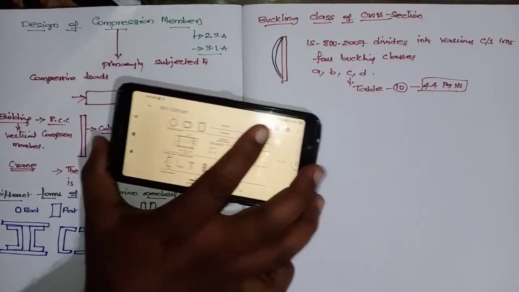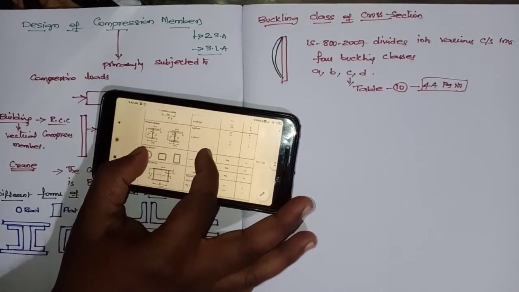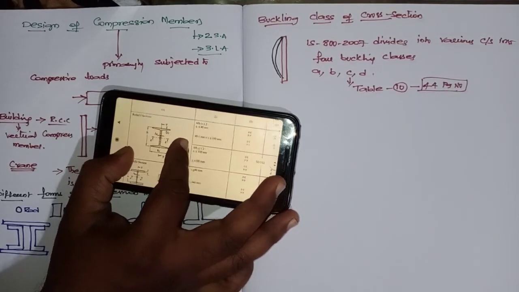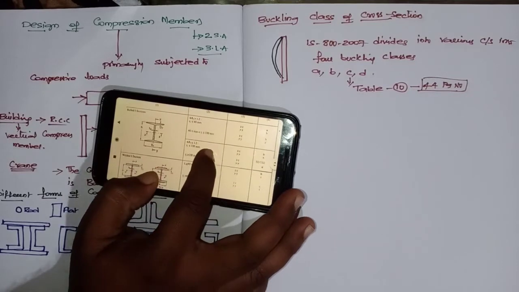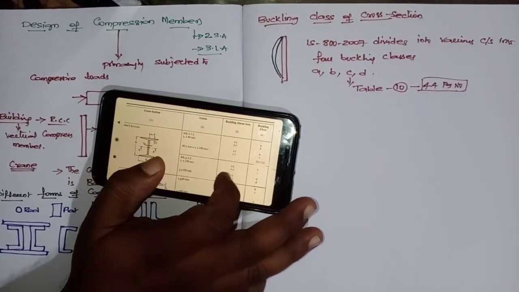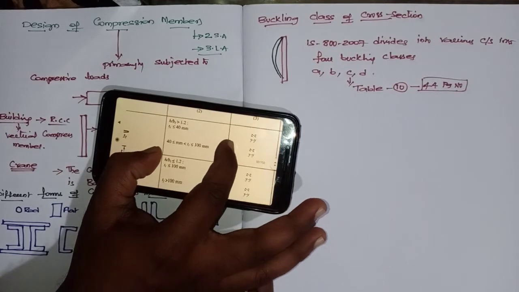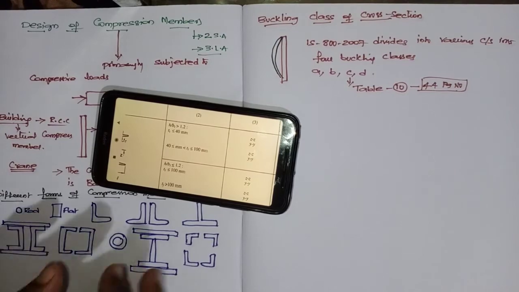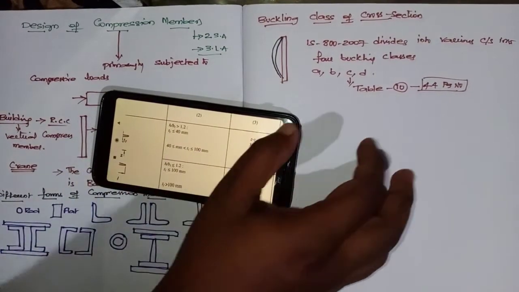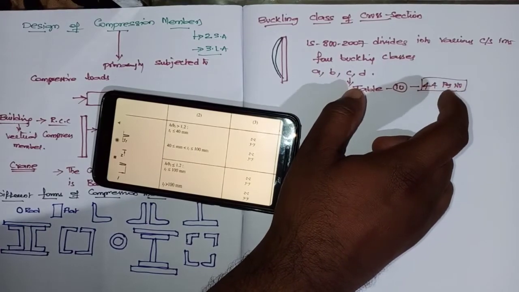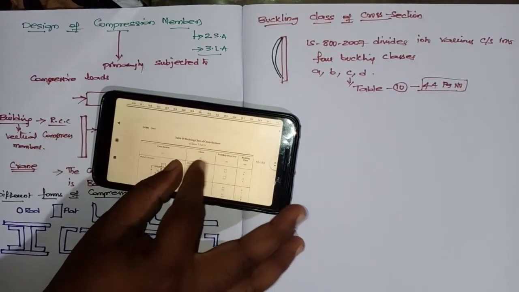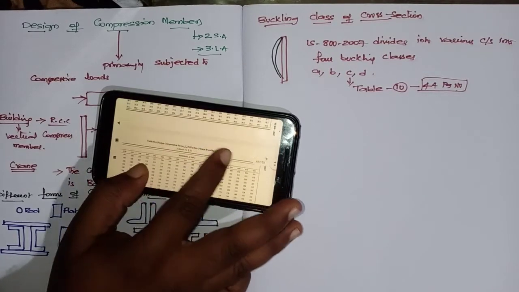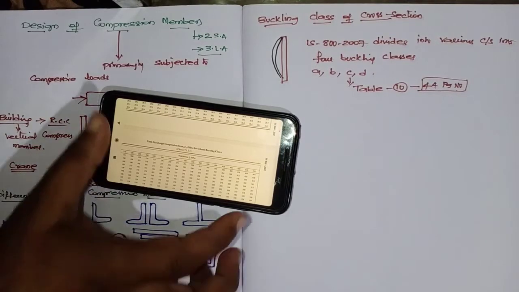You will have rolled sections, and for that you will have Z axis and Y axis, and for those you will have buckling classes. Based upon the h by bf ratio and tf values, you are going to give the classification. After deciding the buckling class here from table 10, you have to move to table number 9. We'll see in the coming sessions.